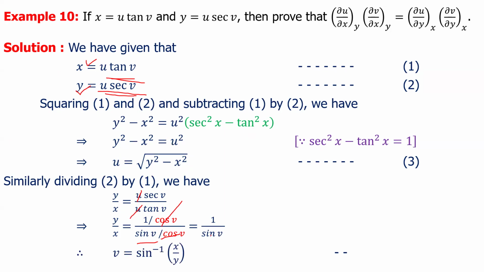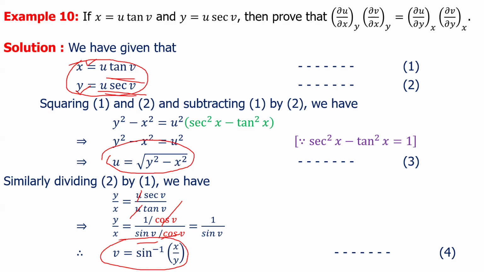So sin v is equal to x by y, so v equals sin inverse of x by y. So clearly, x and y were the dependent variables in the given question, and now we have converted u and v in terms of x and y. So we can say that u and v are dependent variables and x and y are independent variables.